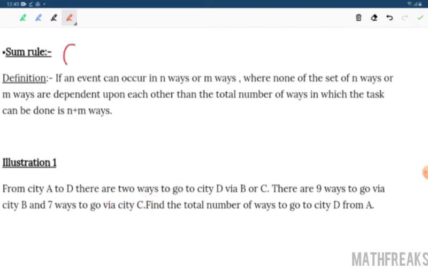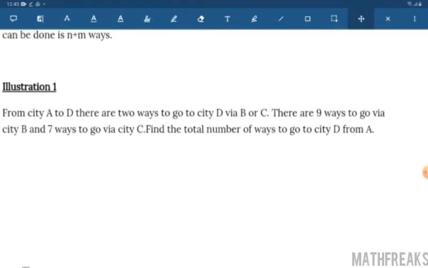That is, the sum rule is applicable when the cases, the sub-cases, are independent of each other.